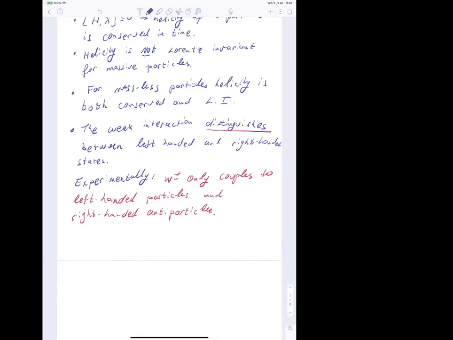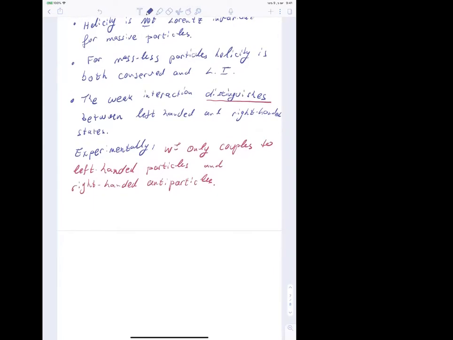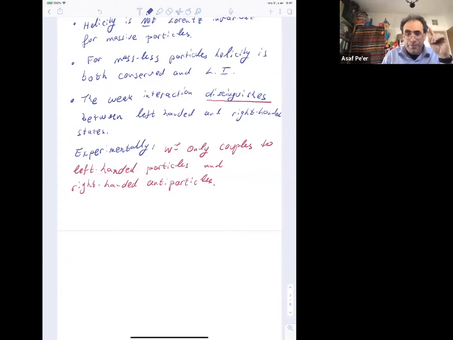Okay. Right. Another experimental fact is that neutrinos only exist in left-handed helicity states. And similarly, antineutrinos only exist in right-handed helicity states.